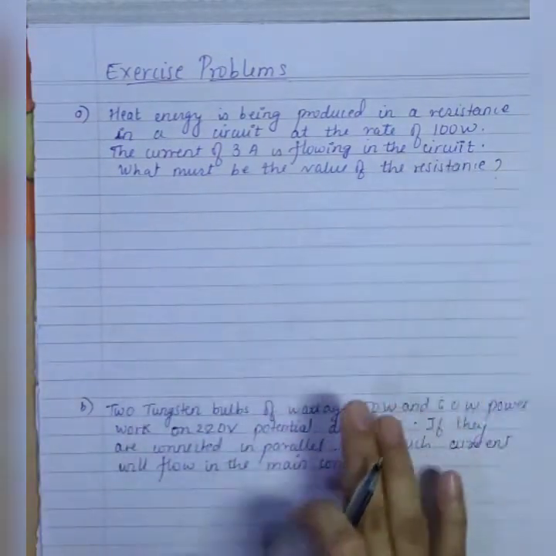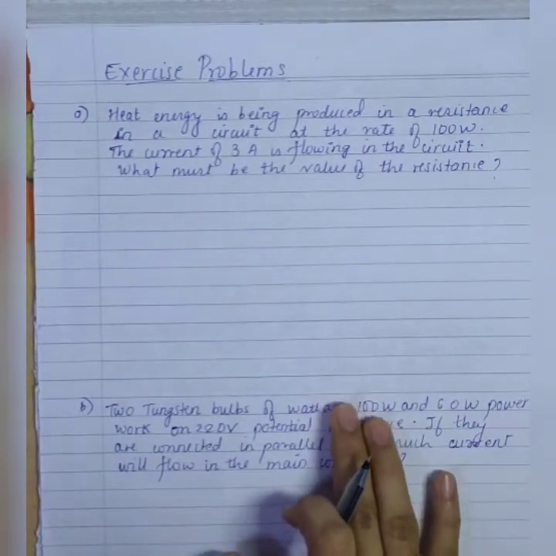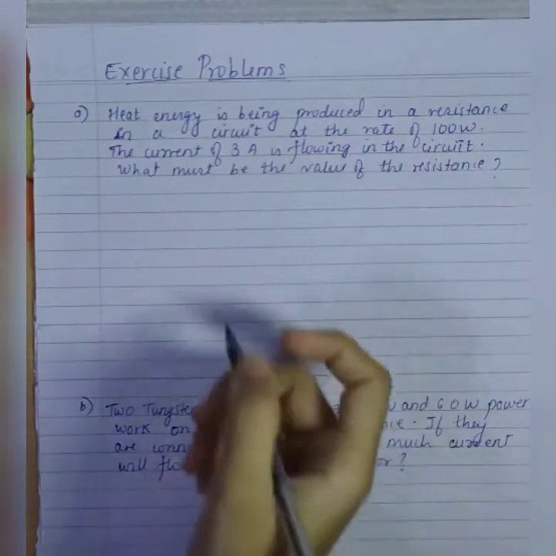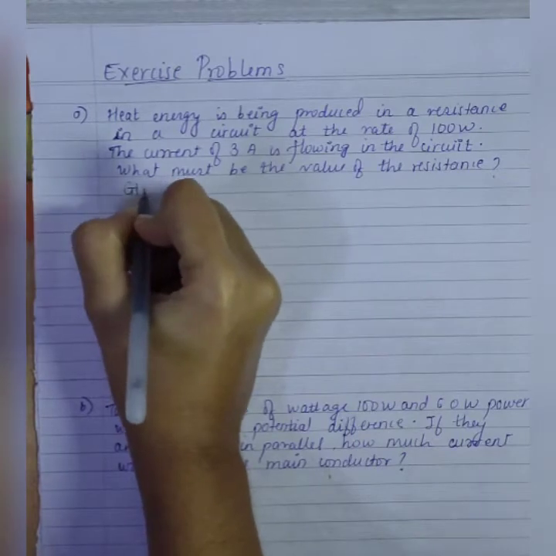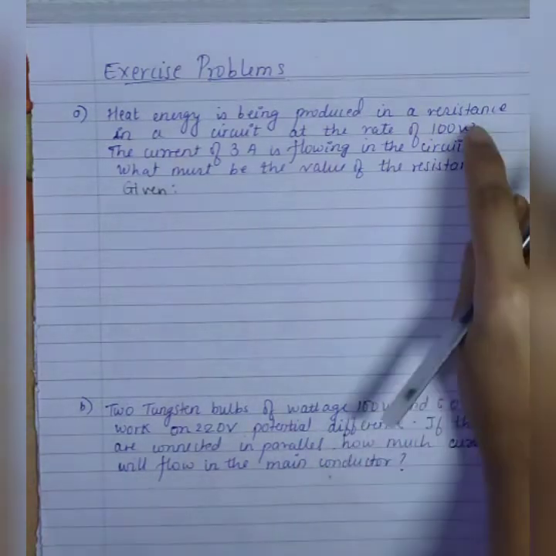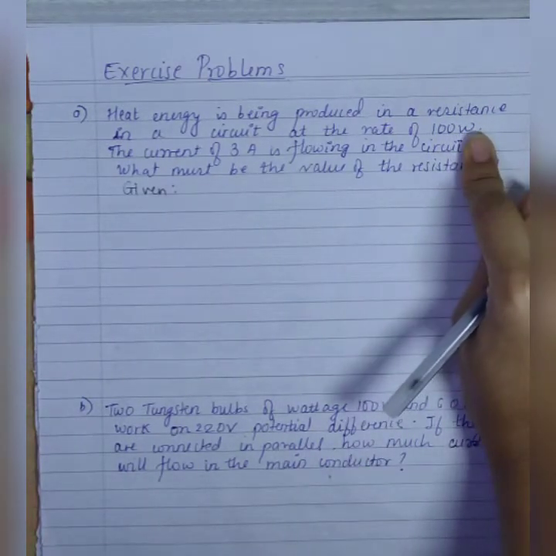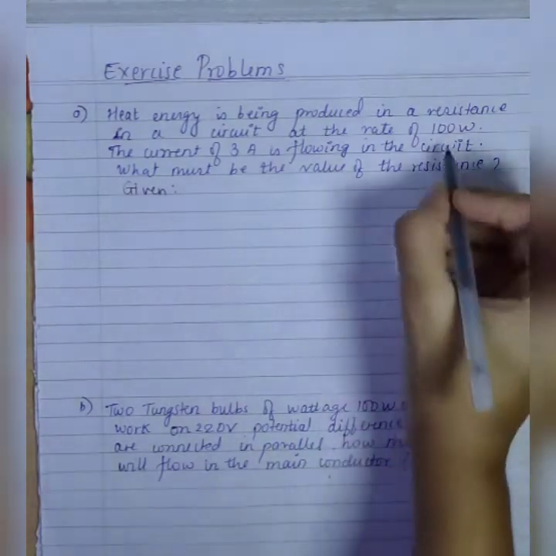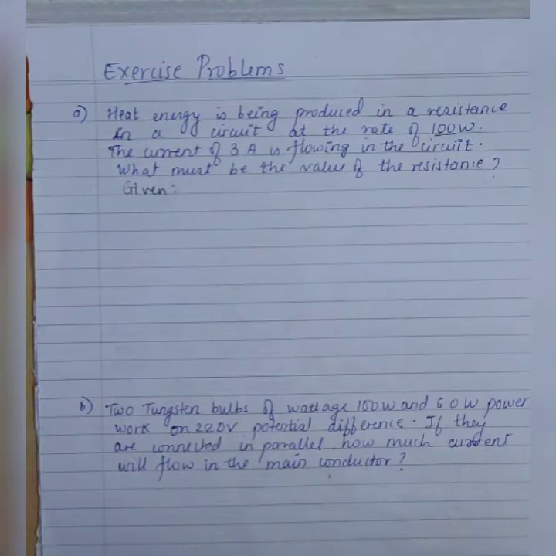Now, as you read the problem, try to note down the given part. Let's read the problem again. Heat energy is being produced in a resistance in a circuit at the rate of 100 watt, which means if my unit is watt, my given part is nothing but power.